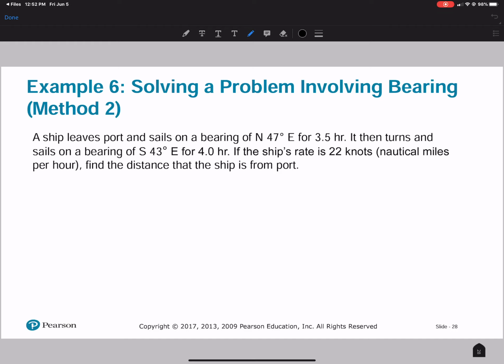Let's look at this. Let's say the port that we started at is A, this port right here. Now, me personally, like I said, I like to go ahead and draw my north and my south. That's my starting point.